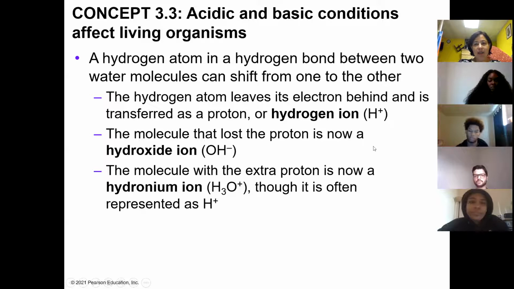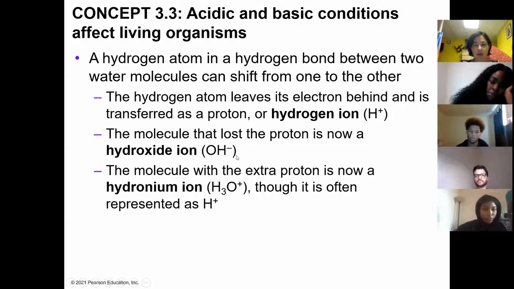So anyways, the concentration of hydrogen ions in solution pretty much determines solution acidity, alkalinity, or whether the solution is neutral or not, right? If a water molecule loses this hydrogen, it turns into something called a hydroxide ion, right?